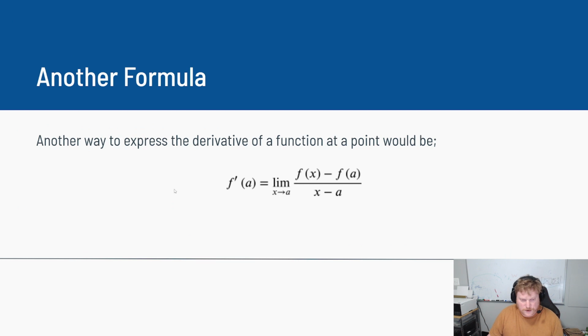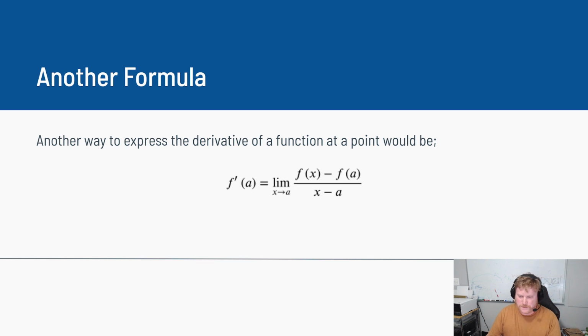Okay. Another formula that you may see, and we'll definitely see in the next lesson, is the limit as x approaches a of f of x minus f of a over x minus a. In this formula, it's very similar to the definition of derivative. It's still a difference quotient.